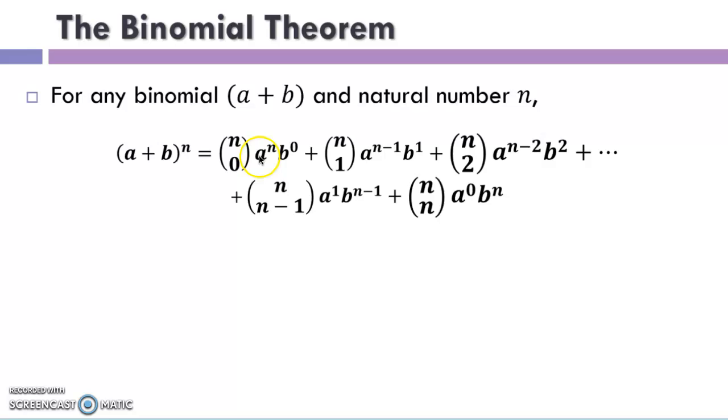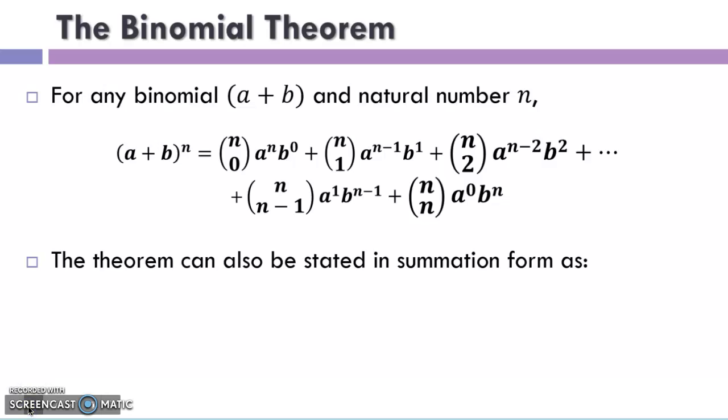We take our first term, raise it to our highest power, and multiply it by our second term raised to the 0 power, and then we decrease the powers on a but increase the powers on b. This is going to be a row in Pascal's triangle, but we get those by doing n choose 0, n choose 1, etc.